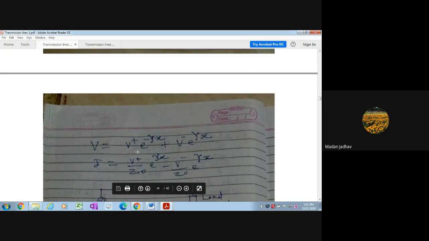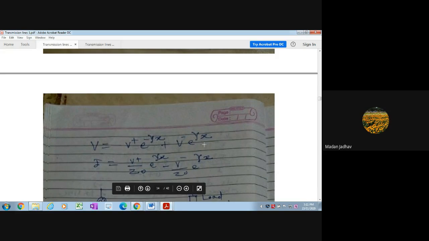Now here is the I plus, and this I plus is replaced by V plus divided by Z naught. Therefore you will get the amplitude of the forward current, and this is the maximum amplitude of the reverse current, V minus divided by Z naught.